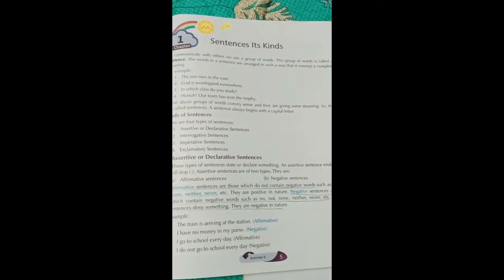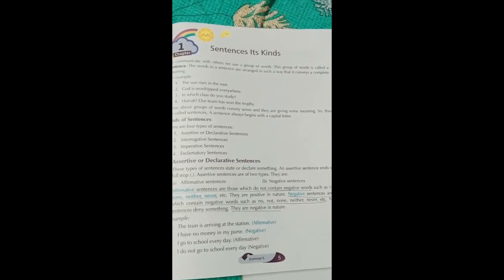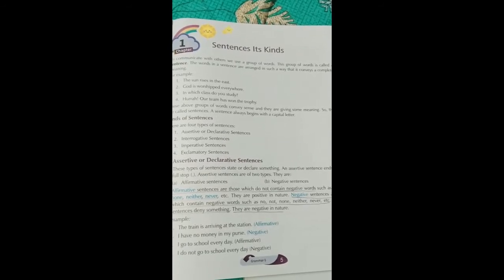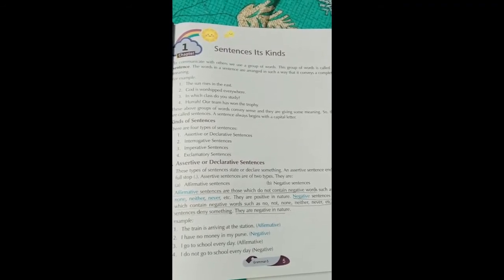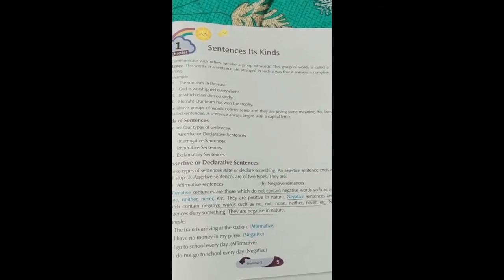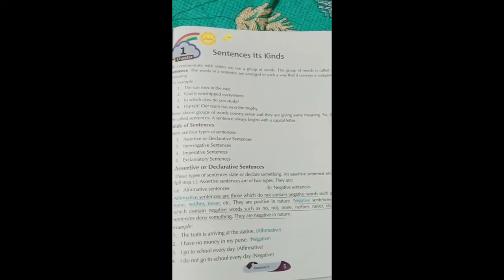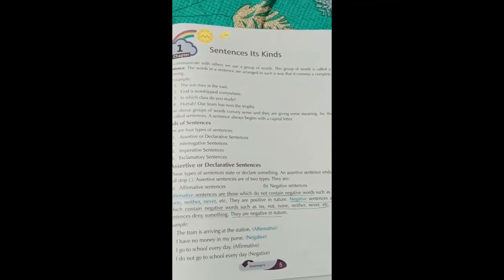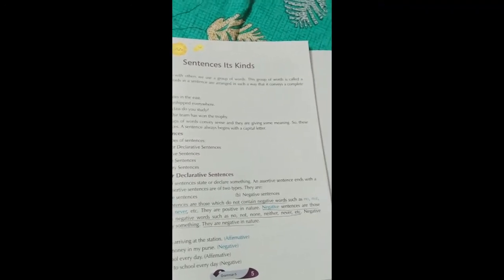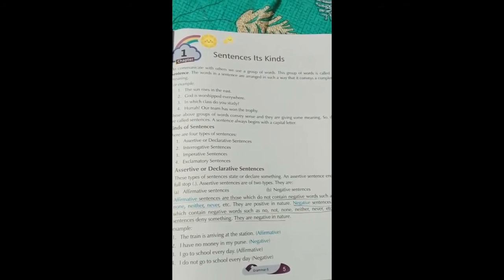Negative words mean no, none, never, neither, etc., which show the meaning of negativity. Affirmative sentences are positive in nature. Negative sentences are those which contain negative words such as no, not, none, neither, never, etc. Negative sentences deny something. They are negative in nature.